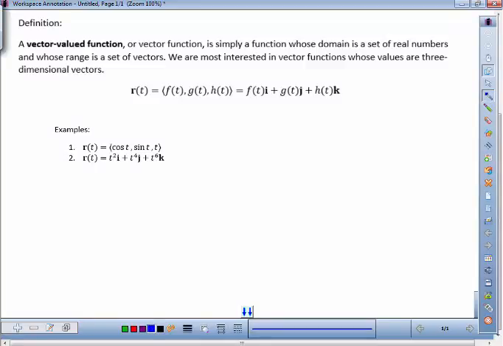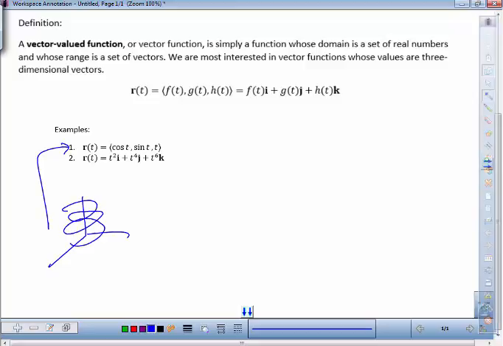So from last time we talked about this example, where it's a helix. So let's see if we can graph this other example.